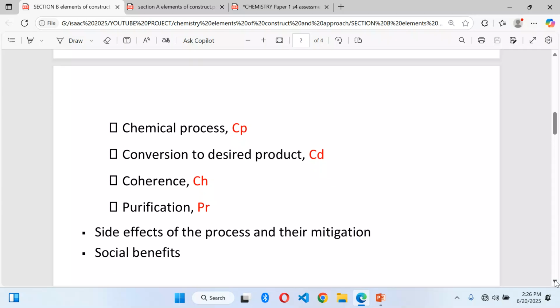Now, after the process of production, we also have the side effects. Now, side effects of what? We said it is side effects of the process, and we also include their mitigation. Then finally, we look at the social benefits. Still, we are looking at social benefits of the industrial process.